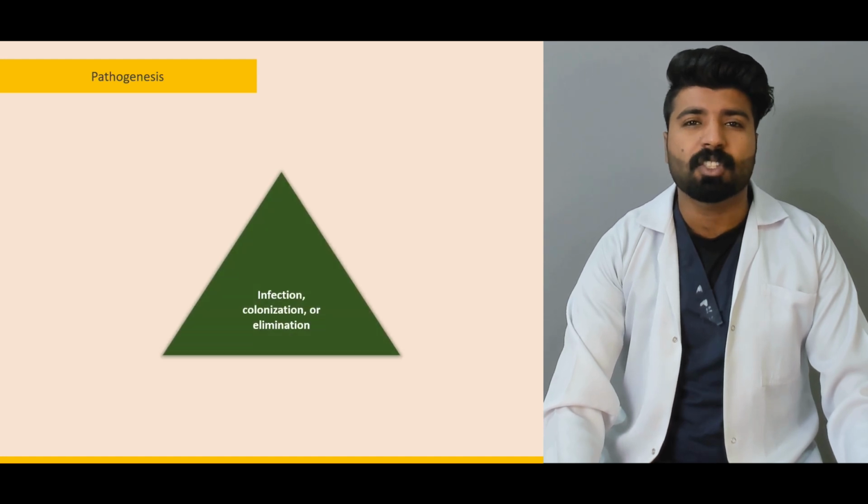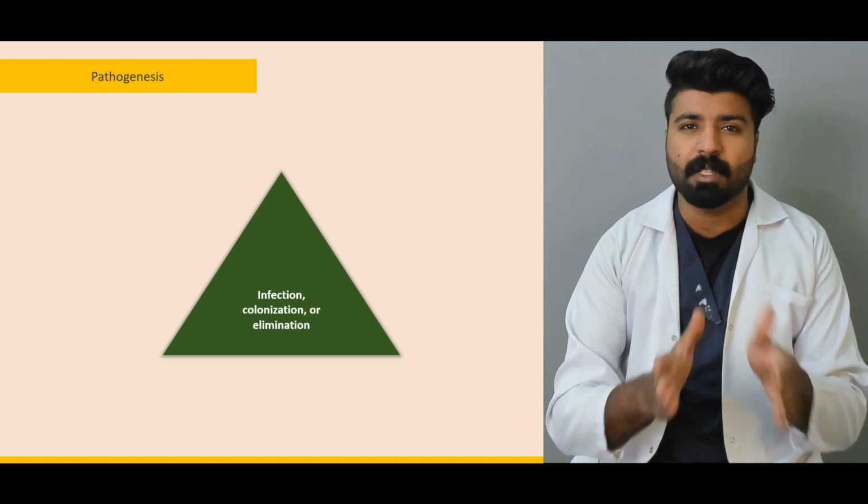Next, let's talk about the pathogenesis: how E. coli or Klebsiella or all of these organisms we just talked about get into our system and cause this pathology. So it's going to be infection, colonization, or elimination. What do we mean by that?